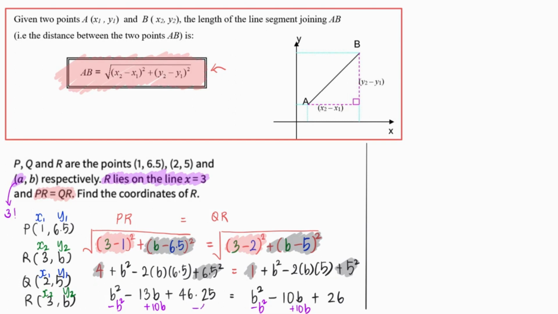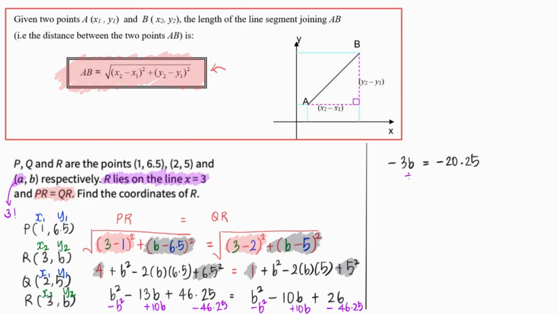I would minus 46.25 on both sides, so that my left hand side there is no more number. And the next line you would then see is negative 3b is equal to negative 20.25.